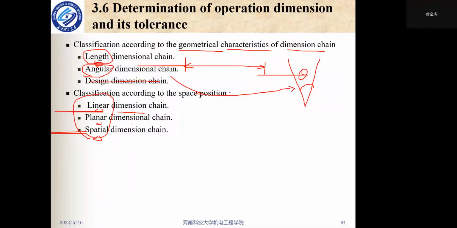If all the dimensions in a dimension chain, which include both linear and angular dimensions, are located in the same or parallel planes, the dimension chain is called a planar dimension chain.